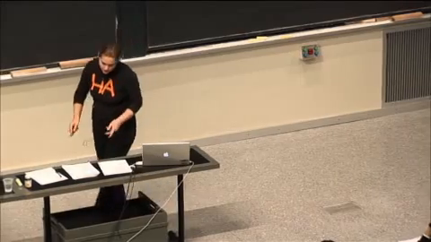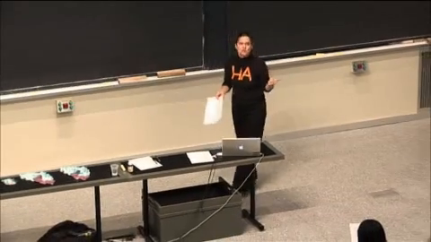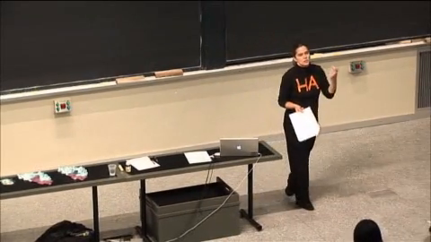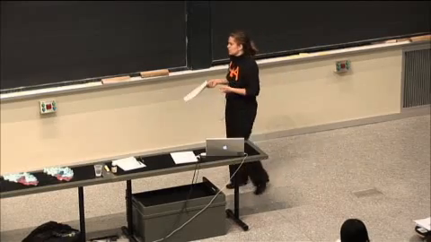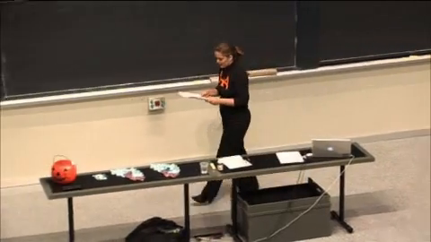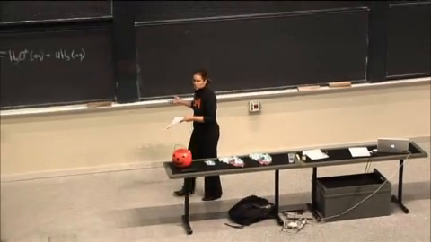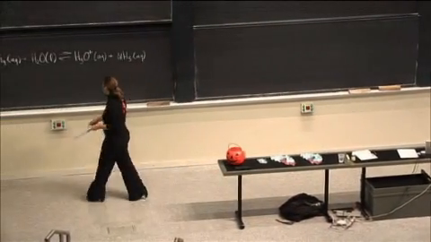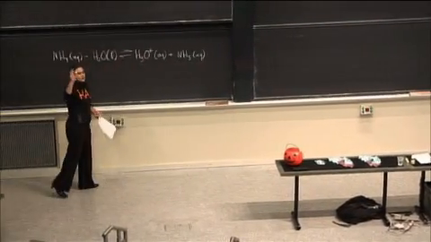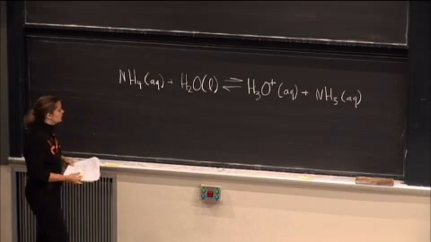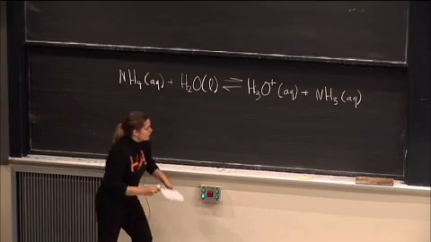OK, so let's prove that, in fact, it has to be true that there's a relationship between the conjugate acid and its conjugate base, or conjugate base and its conjugate acid, that they both can't be strong. One has to be weak, strong, or ineffectual. All right, so let's look at the first one up here.